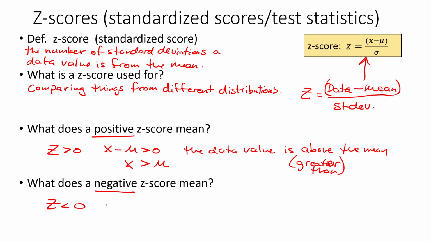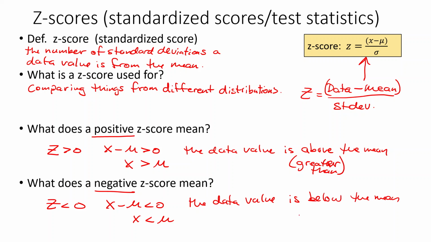If z is less than 0, that means x minus the mean is less than 0, which means x is less than the mean if we just add the mean over. So that means the data value is below the mean, or if you want to use more math terms, we could say that it is less than the mean. All right, so we can use positive and negative in order to compare z-scores to the mean. And we can also say it's the number of standard deviations a data value is from a mean.